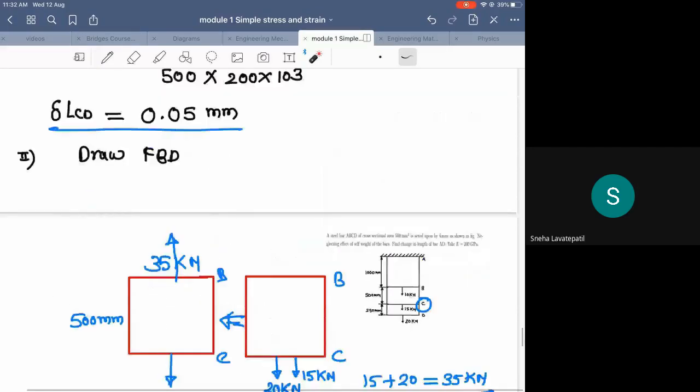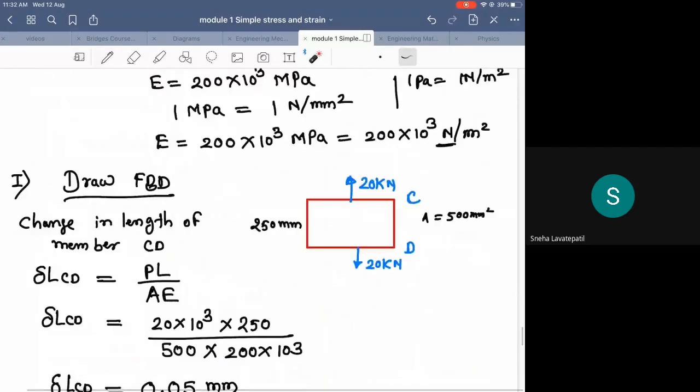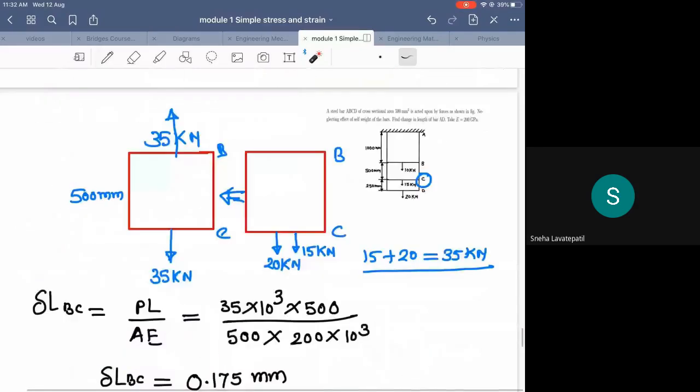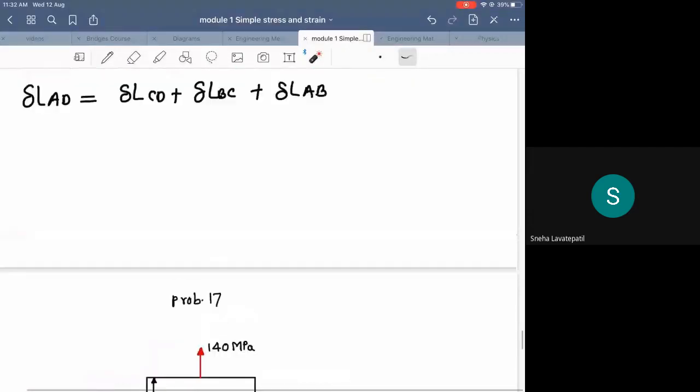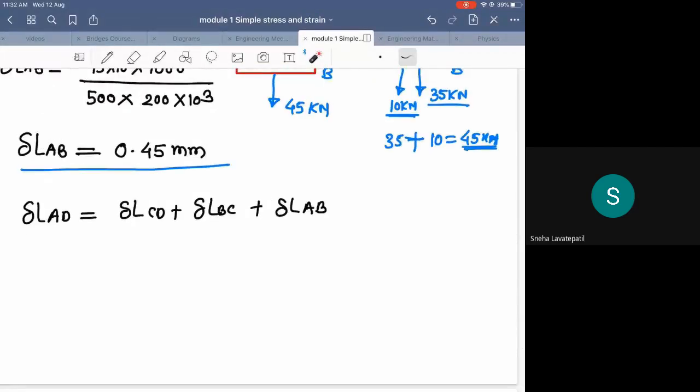This is positive. And CD is also subjected to tensile force, therefore there is also increase in the length. So all values are positive. If any member is subjected to compressive force, then I will take it as negative.